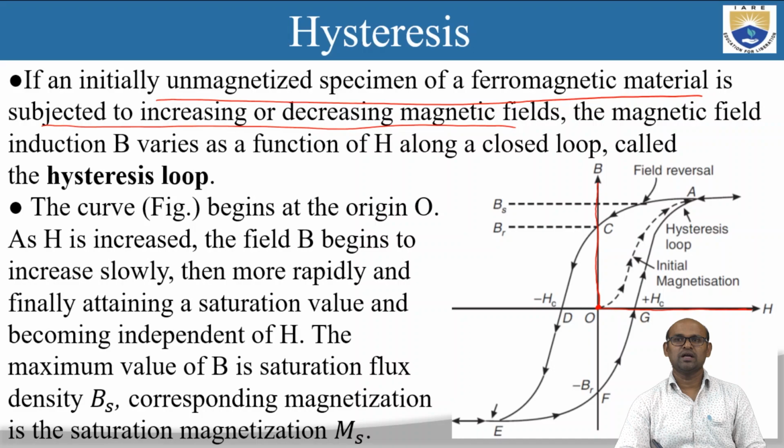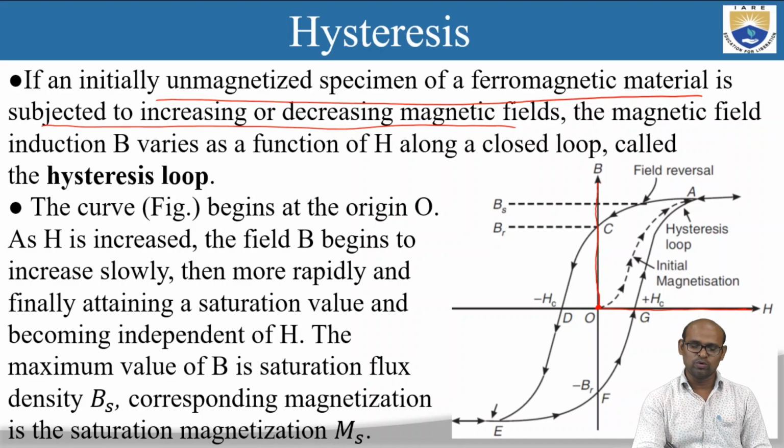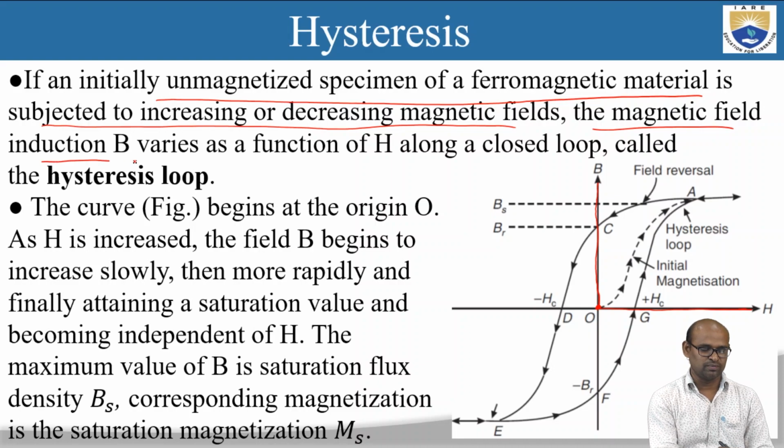Now, I am taking a ferromagnetic material, for example iron, which has 0 magnetization or magnetic induction 0, and I am subjecting this iron to increasing or decreasing magnetic fields. I can increase or decrease the field, but I am applying a magnetic field to this iron, and then I am looking at the magnetic field induction.